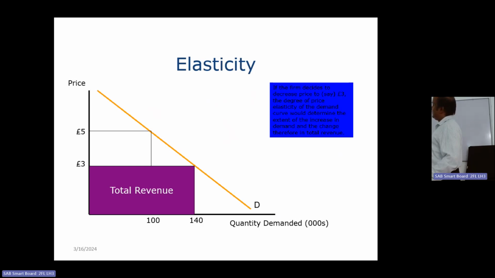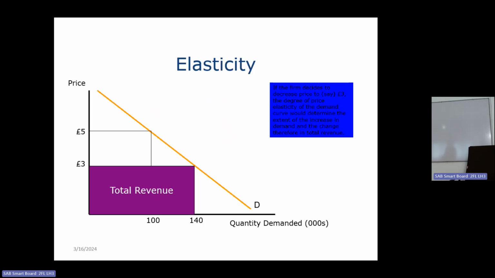On the demand curve, we can measure the total revenue and analyze how it changes based on the elasticities.